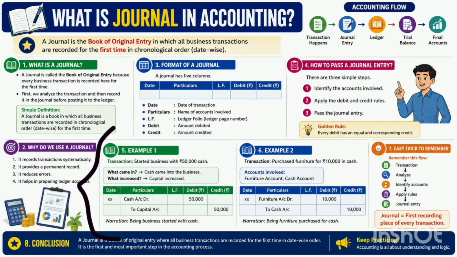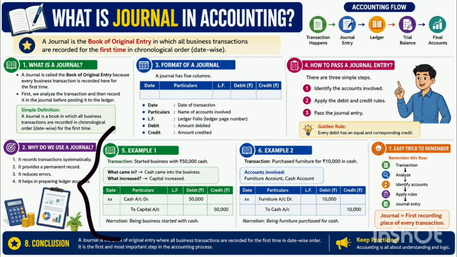Whenever assets increase, we debit it, and whenever they decrease, we credit it. Here cash is coming into our business, so cash is increasing, so definitely it will be debit. And capital has a credit balance; if it increases, we credit it. Our capital here is increasing, so we credit it.